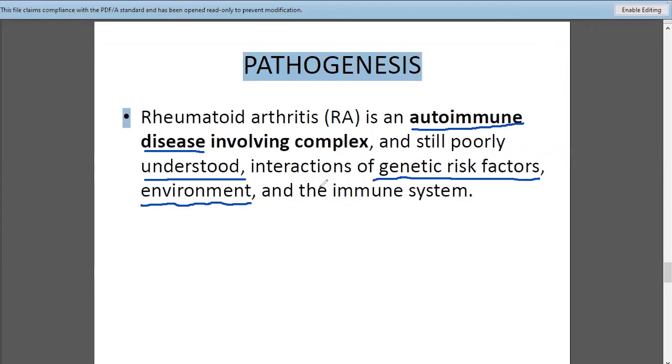And the immunity system disorder. So up to now, we think there is some relationship, but it is not truly clear yet.